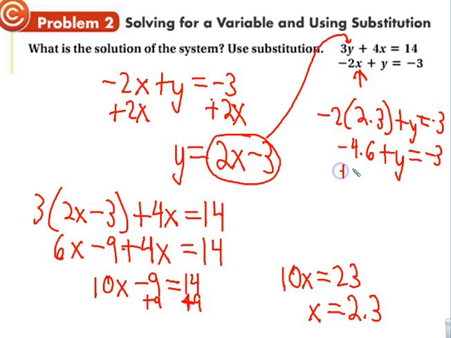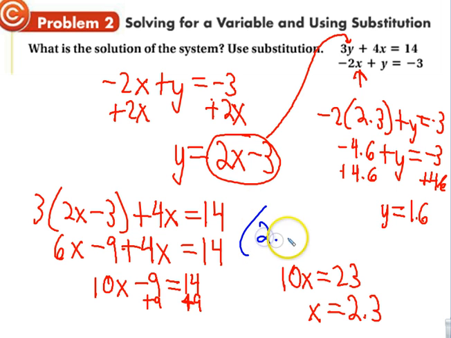So y equals 1.6. My ordered pair should be 2.3 comma 1.6.